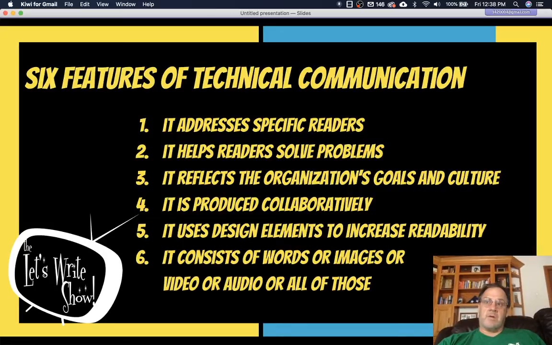You can think about this scientist friend of mine. Chemical engineers, for example, will write process documents that she then collaborates on and reviews.